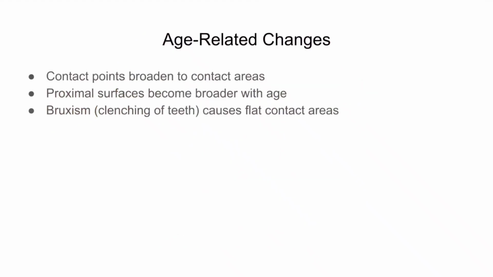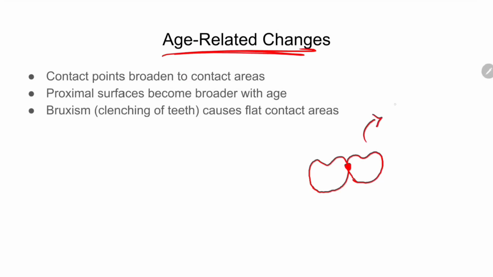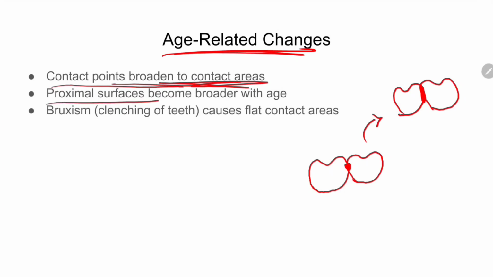Now moving to age related changes. So what happens in younger teeth? The contact is a point, but with advancing age, this contact becomes a contact area, right? So the contact points broaden to contact areas. Then proximal surfaces become broader with age.